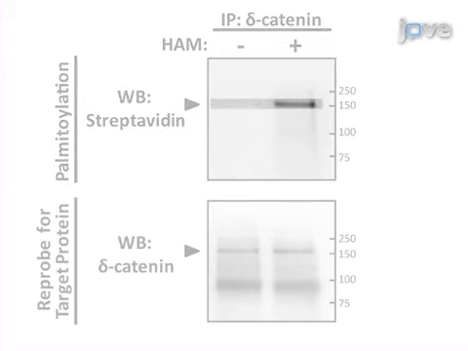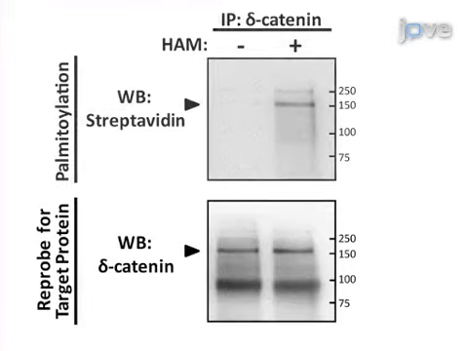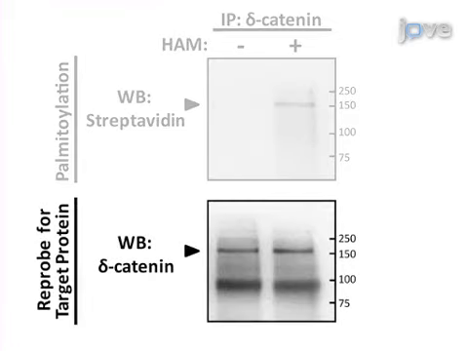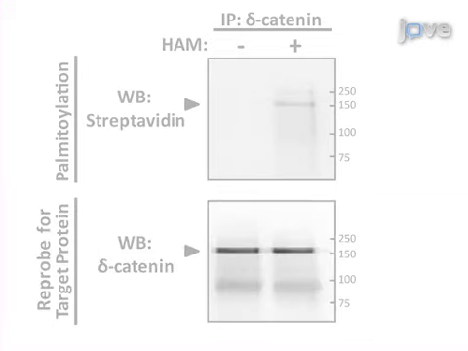The specific palmitoylation signal for delta-catenin appears at its predicted size of 160 kilodaltons only in the plus HAM sample. The specificity of this signal was confirmed by reprobing for delta-catenin with the specific antibody that was initially used to immunoprecipitate it, resulting in a signal in both HAM treatments at the same predicted size.